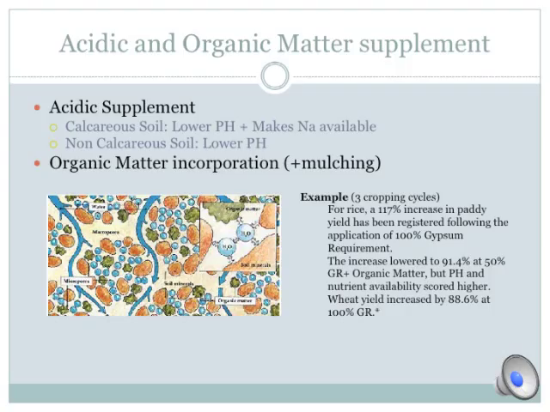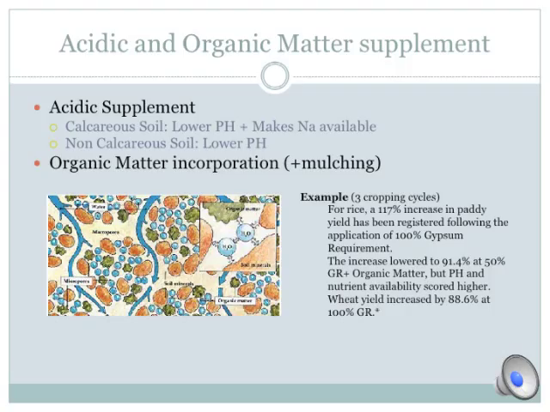Regarding the supplements, there are acidic and organic matter supplements. Acidic supplements are meant to lower the pH, and specifically in calcareous soils, they will make the sodium available. In non-calcareous soil, they will only lower the pH. Organic matter incorporation and mulching, for instance, are techniques to incorporate organic matter that will allow the soil to have a more suitable structure.